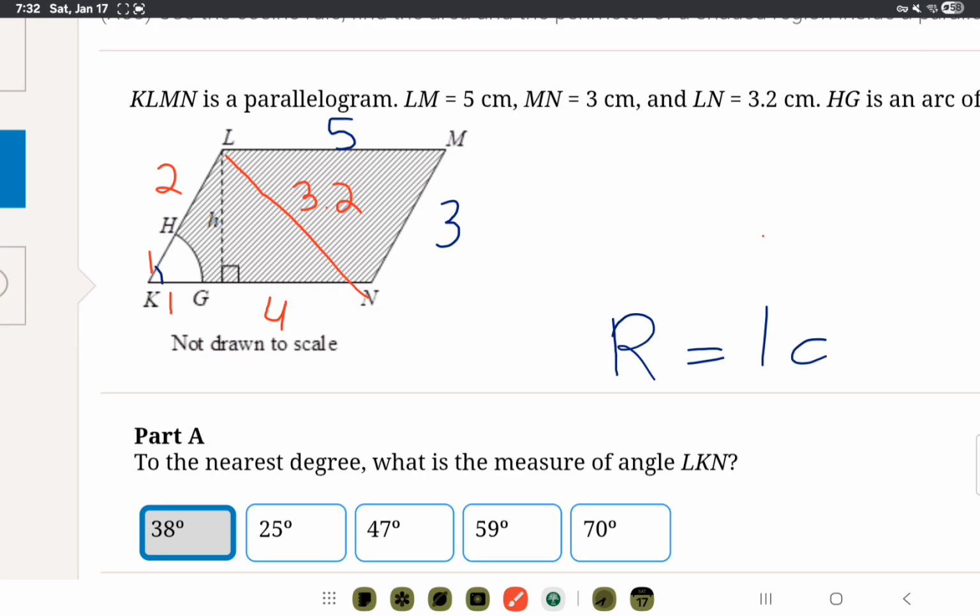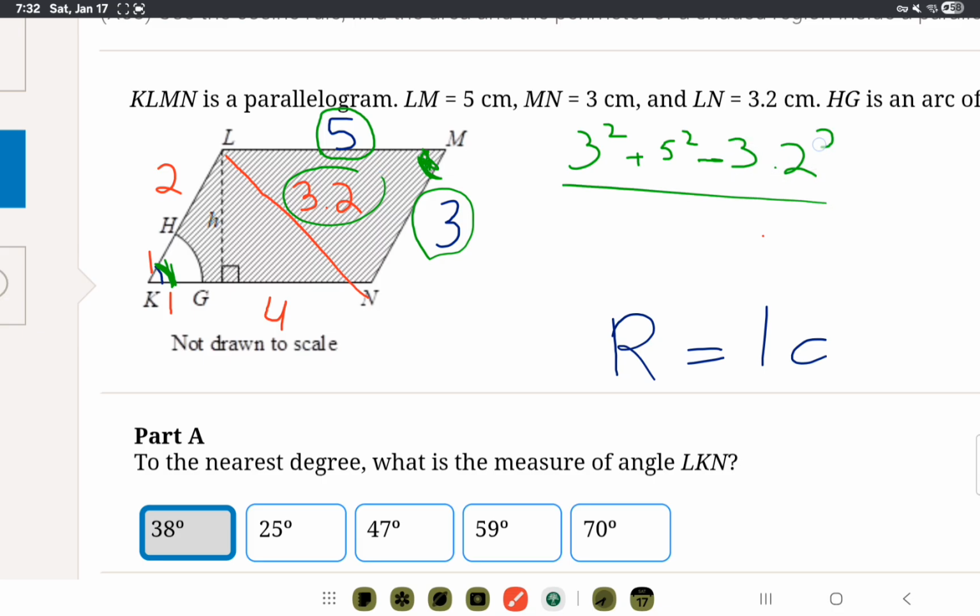So now, since we have a parallelogram, this is literally equal to this. So if you want to find this, it's actually much easier. It's the same thing as when you're finding this. So what do you do? Adjacent squared plus adjacent squared, so it's going to be 3 squared plus 5 squared minus opposite squared, and then you do 2 times adjacent times adjacent.